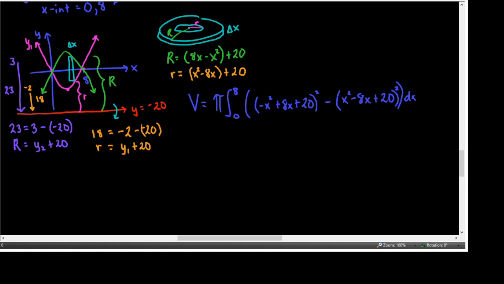So for practice, I would like for you to simplify, do the squaring, and then do the subtraction and the substitution of 8 in for x minus the substitution of 0 in for x. And I'd like for you to see if you can get this correct answer, 20,480 pi.